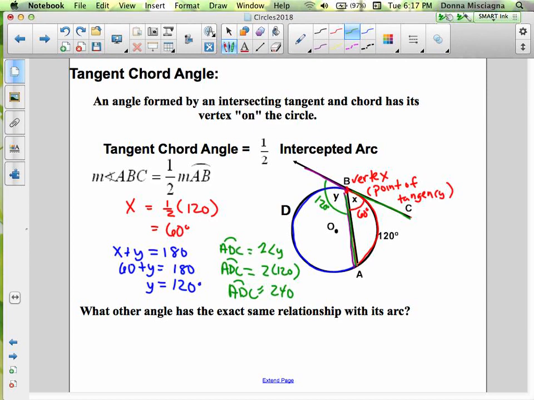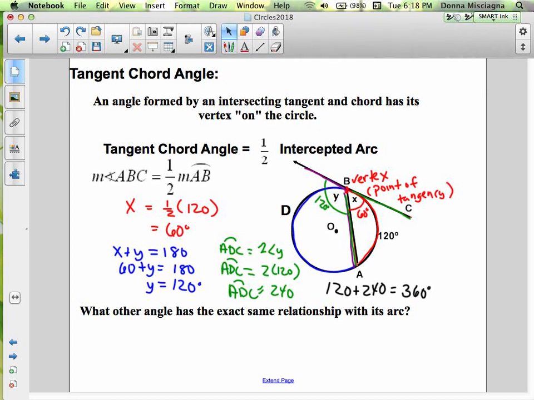And notice that if we were to add those values up, 120 plus 240 equal the entire circle. So we had more than one way to find the measure of arc ADB. We could use the tangent chord angle and double it, or since we already had arc AB, we could simply subtract that from 360 and we would find the measure of arc ADB.